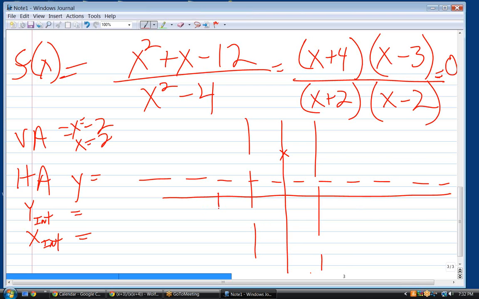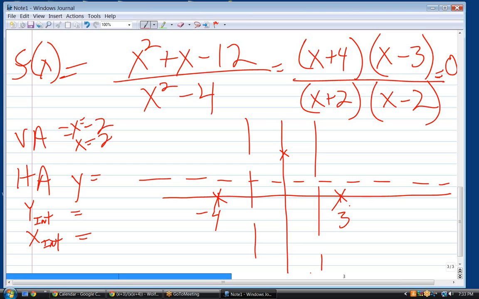So over here at minus 4, or right here at plus 3, we have 2 intercepts on the x-axis, one there and one there. Okay, that tells me that we're going to be down here, right? Well, we better still find out.